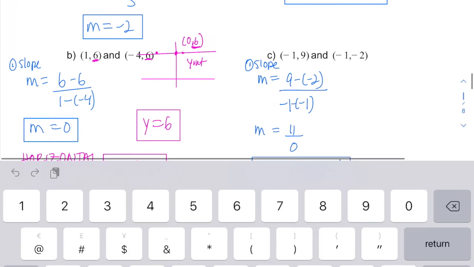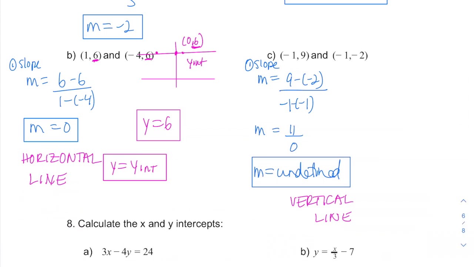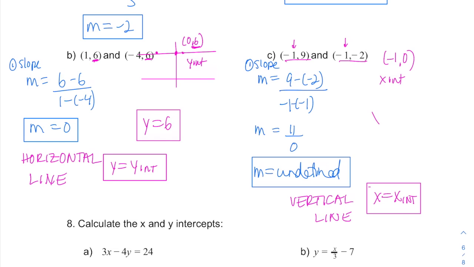In other words, our equation is x equals x-intercept. And if I want to figure out what the x-intercept is, I have to look at the points that are given to me. And I can see since both of these x values are -1, my x-int is going to be -1, 0. So my equation of this line is x equals -1.